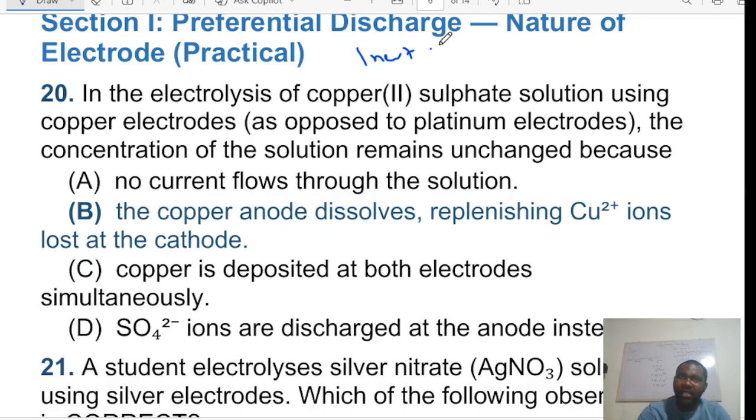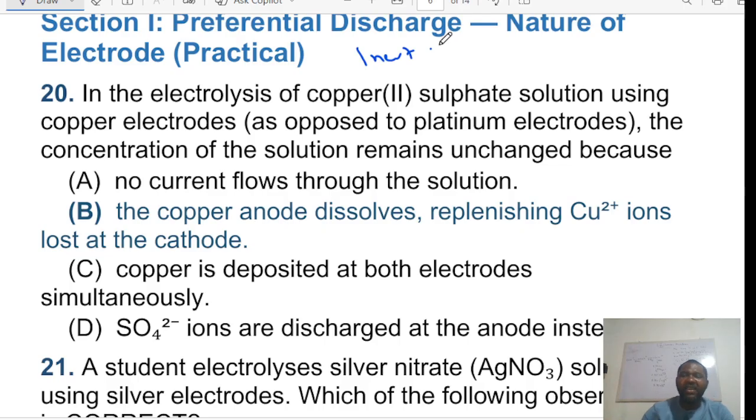Now, in the second case, there are some ions that are not supposed to be discharged, but if you use certain electrodes, it will make them be discharged. I gave you an example in part 1 of this video: sodium can never be discharged in any case, except when you use a mercury cathode.